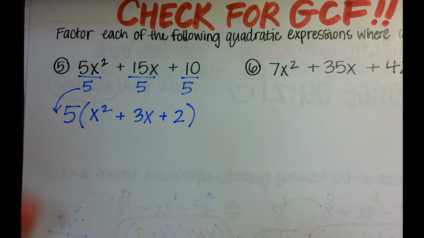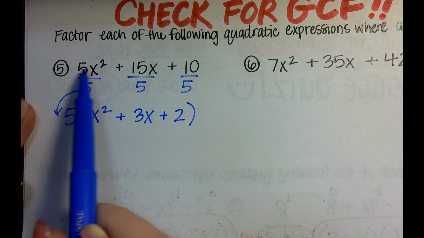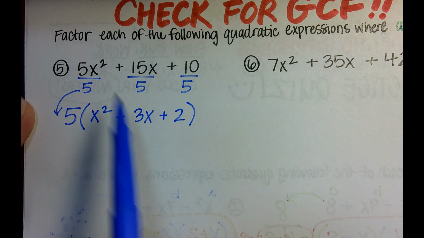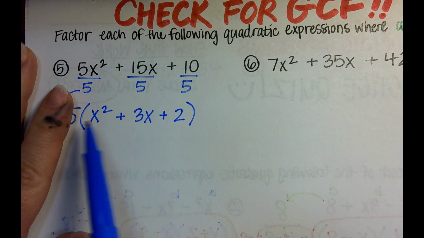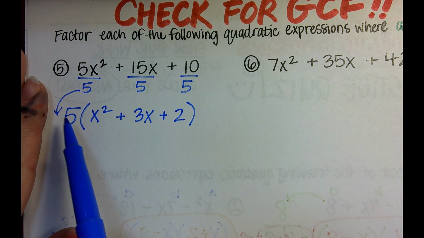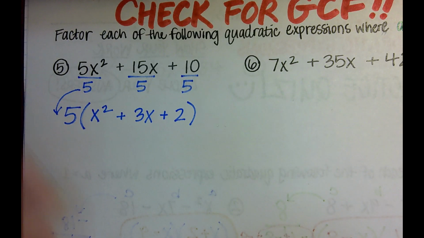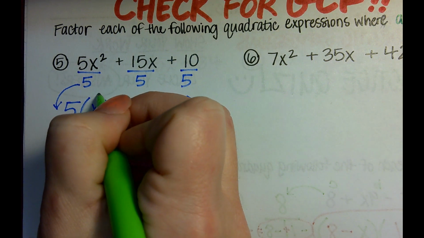So, is anyone confused or not sure how we got from the first step to the second? We just divided by 5. This was the new terms after being divided, and we kept that 5 on the outside here so that we don't lose it. Okay. So now we have new numbers for A, B, and C. What's our new A?